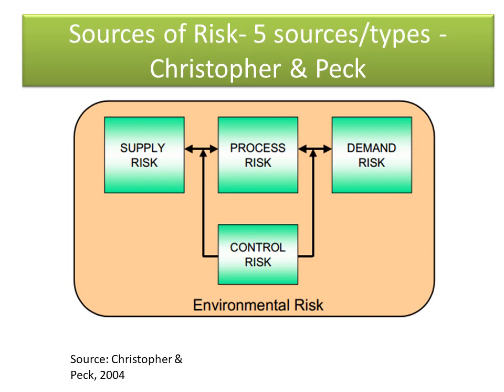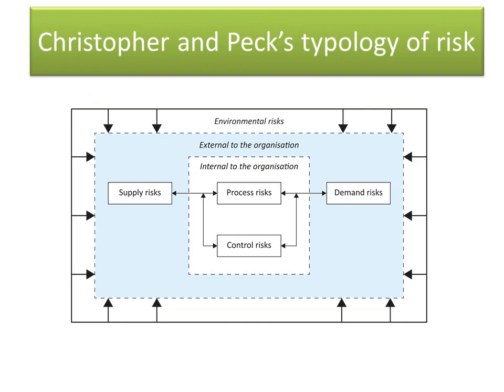So it's a very useful model. The study guide shows this diagram, which perhaps is not quite as clear as the previous ones, which shows the external there, supply risks, demand risks, and the internal risks within the organisation. So Christopher and Peck actually called it a typology of risk.